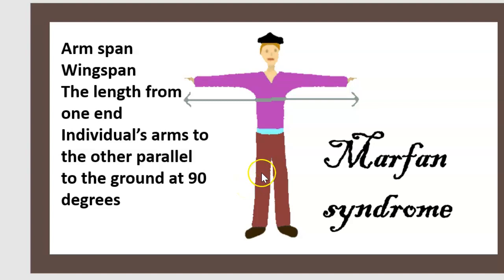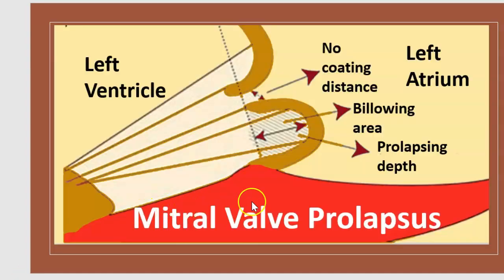One characteristic of Marfan syndrome is arm span or wingspan, the length from the end of one arm to the other, parallel to the ground at 90 degrees. Among characteristics of Marfan syndrome is mitral valve prolapse.